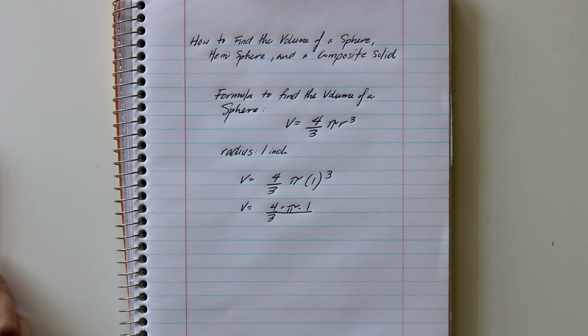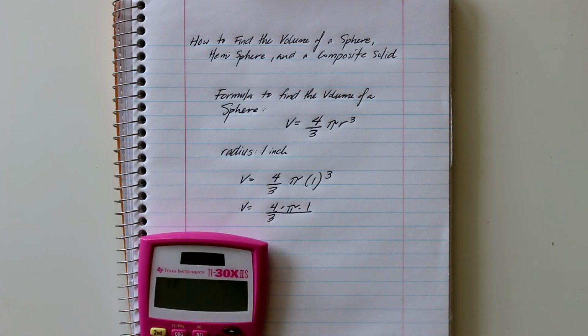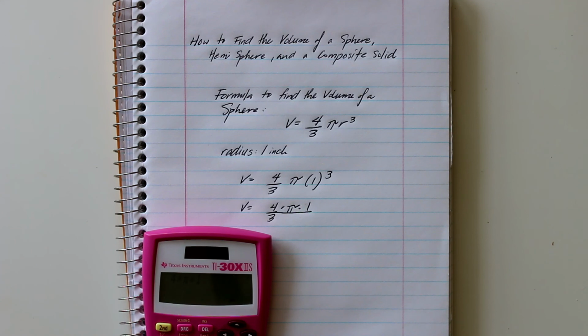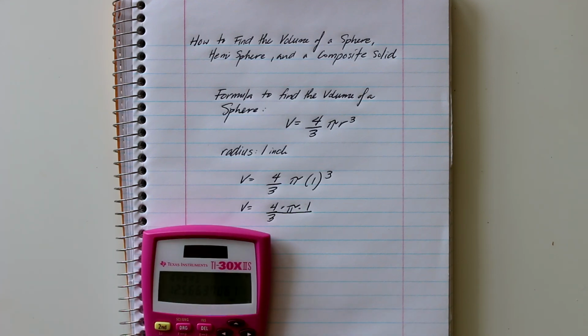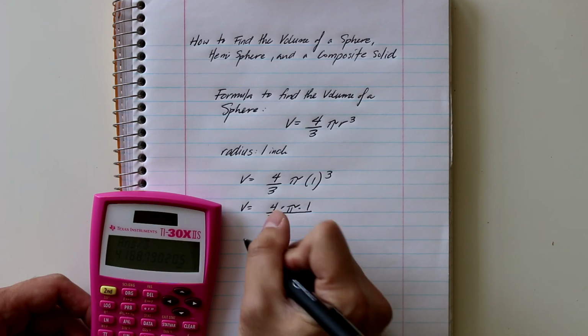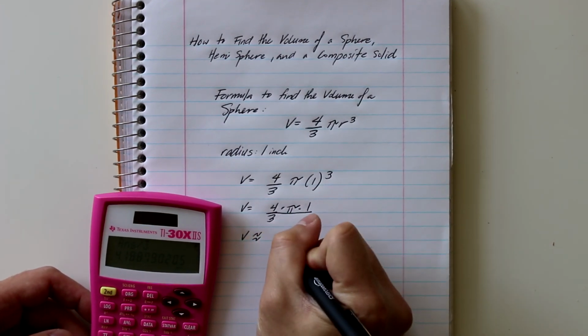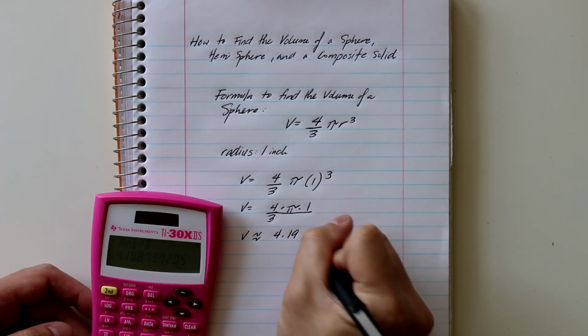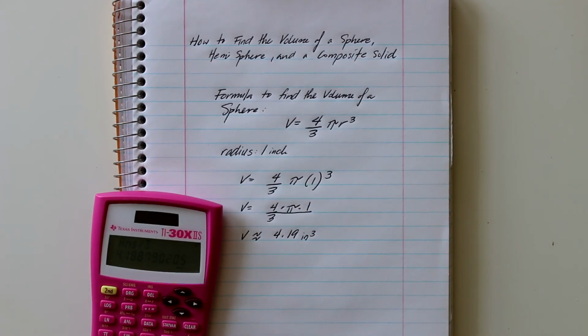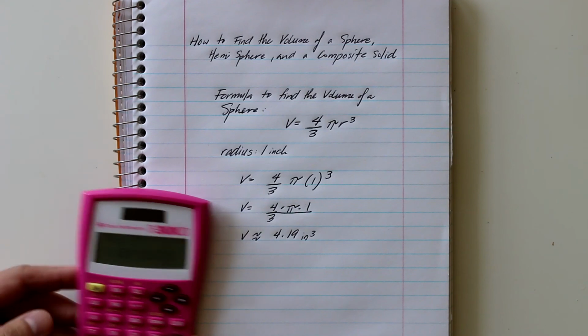So we've got 4 times pi times 1. That equals 12.5663706. And then we're going to divide all of this by 3. And we get our answer, which is approximately 4.19 inches cubed. Okay? So that's one way of doing it.